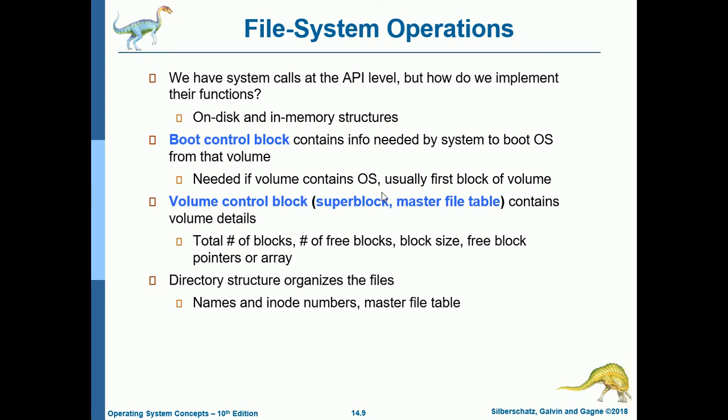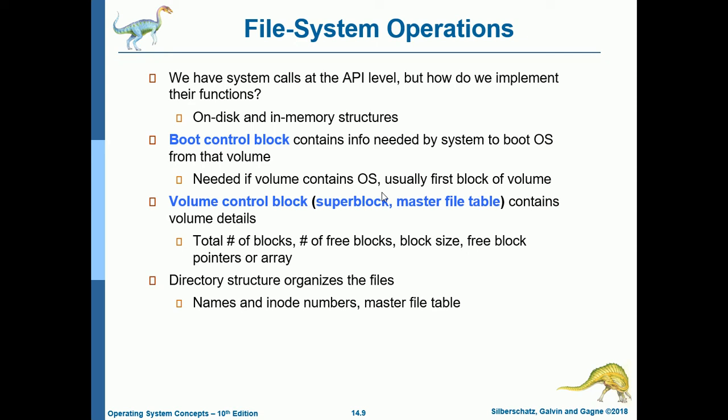So the boot control block is needed if the volume contains an OS, usually the first block of the volume. Okay, we also have the volume control block, called the superblock in UFS, and the master file table in NTFS, specifically in Windows.